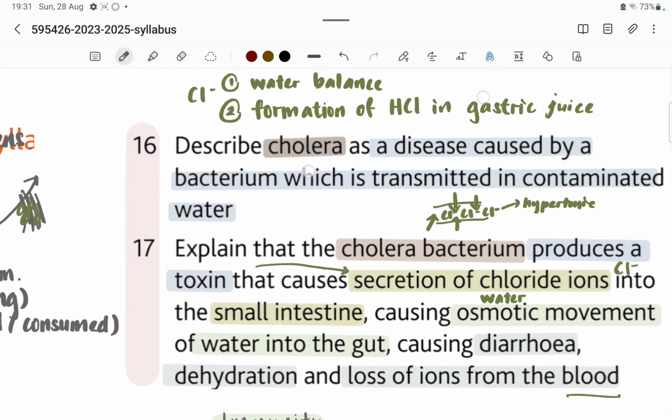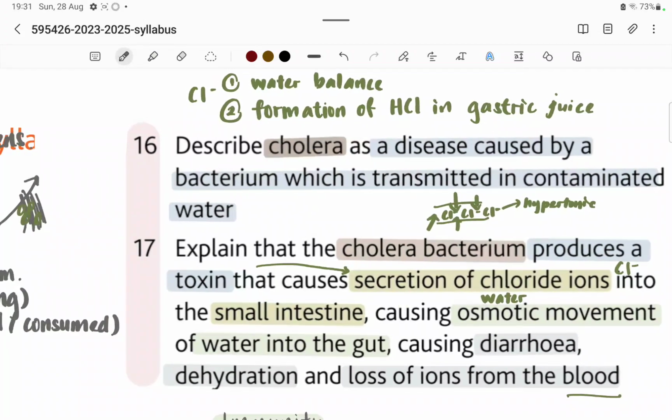So because of the osmotic movement, the water molecules will move from the small intestine into the gut.